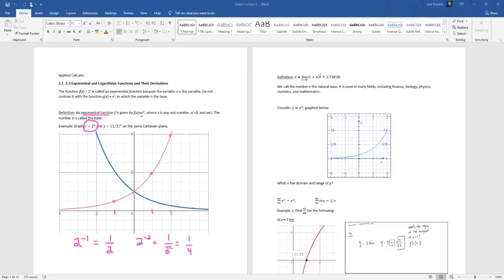So if we go back to -2, we would go up 1/4. And as you can see, as x gets increasingly negative, in other words, as we go further and further to the left, the graph gets closer and closer to 0. It will never touch 0 because there is no value for x that would make y 0.